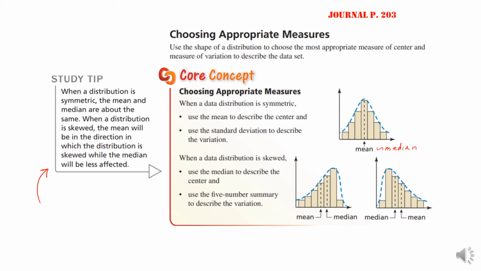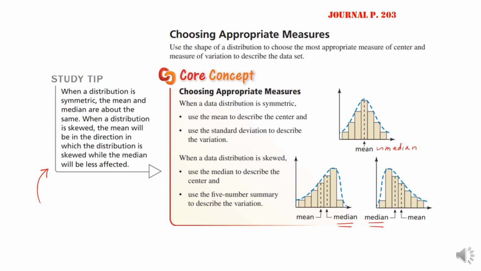When a distribution is skewed, the mean will go in the direction where the distribution is skewed, while the median will be less affected. So the median pretty much stays in the middle, while the mean moves over. You can see it in both of these cases. So we go with the median because it describes the center better.